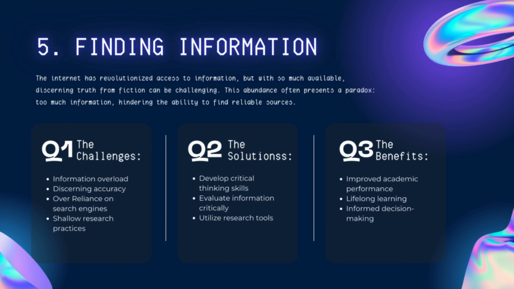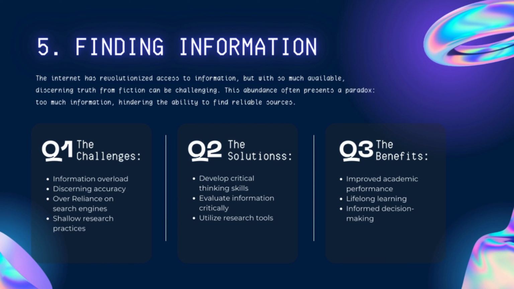Strong research skills lead to better grades, improved critical thinking, and deeper learning. Lifelong learning. These skills empower students to independently research throughout their academic and professional lives. Informed decision making. Discerning truth from fiction enables students to make well-informed choices in various aspects of life.